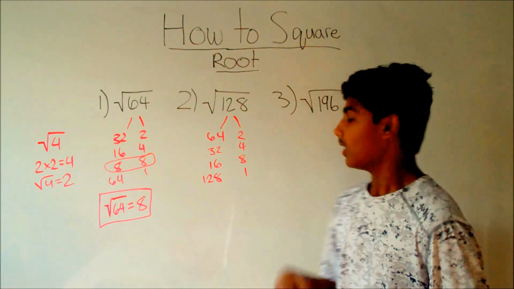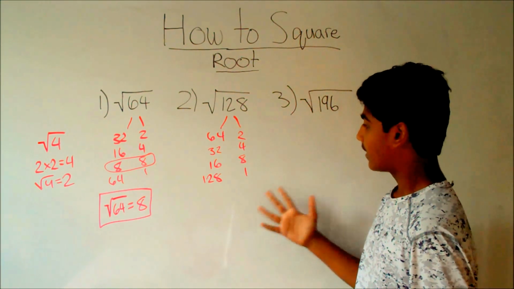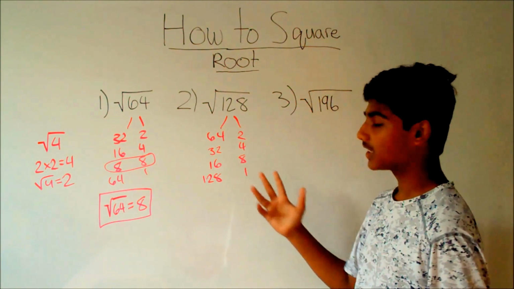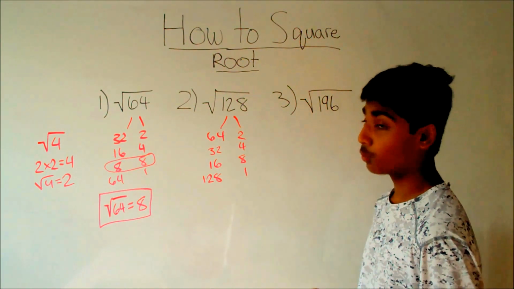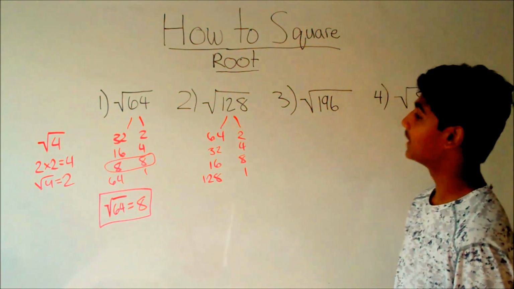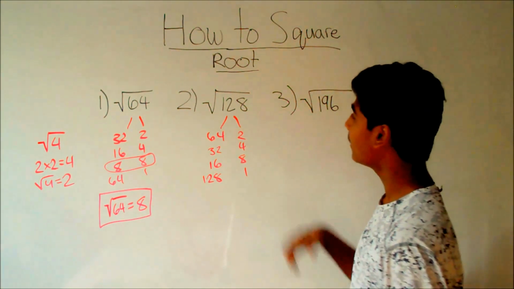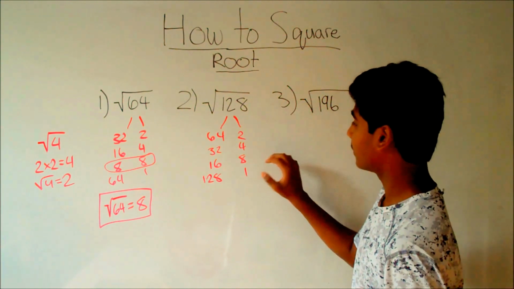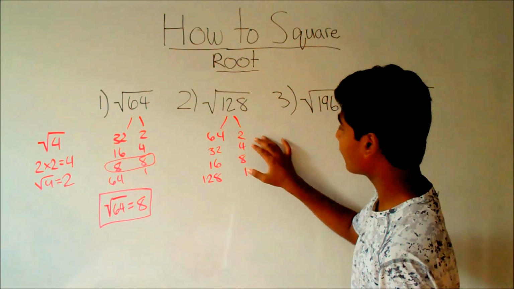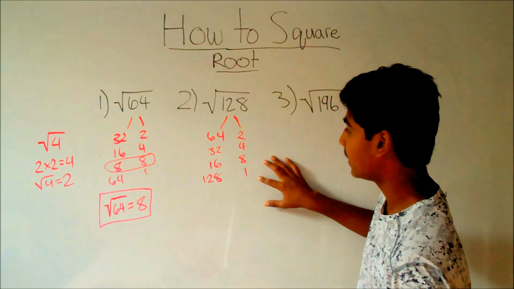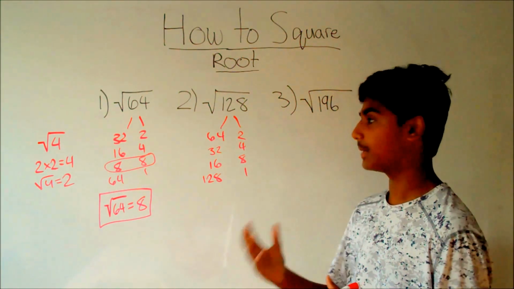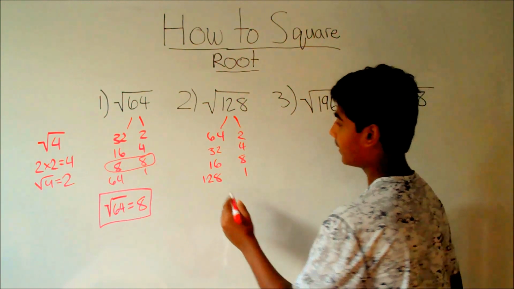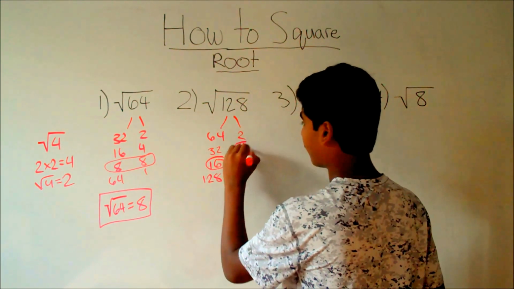So, as you can see, there are no factors which when you multiply the same number, equal 128. So we're going to have to do it a different way. Now we know that we have to find a factor which can be square rooted and be a whole number. So there are 16 and 4.